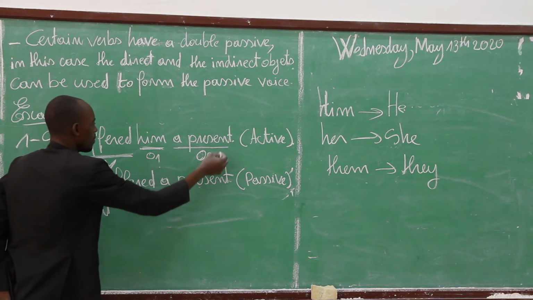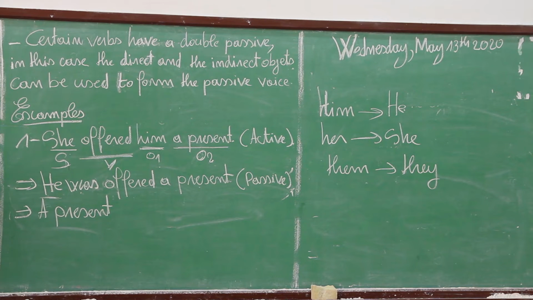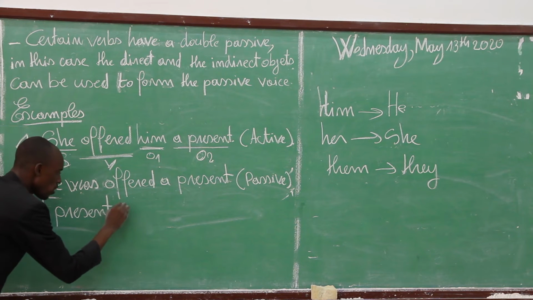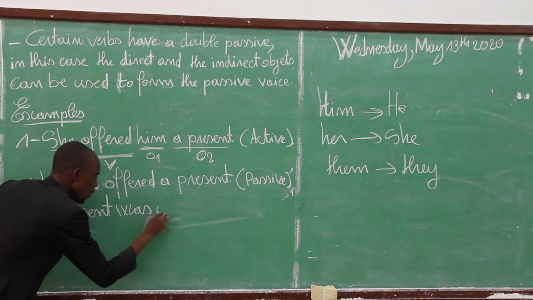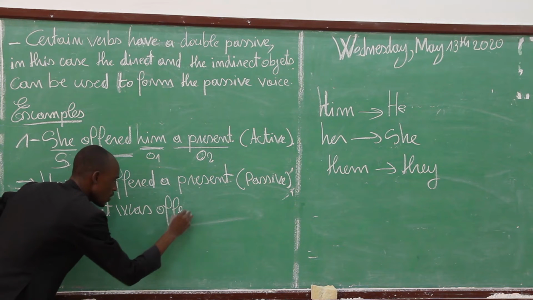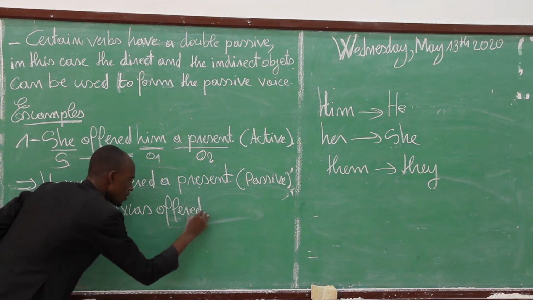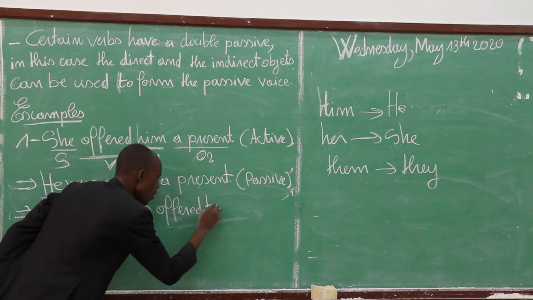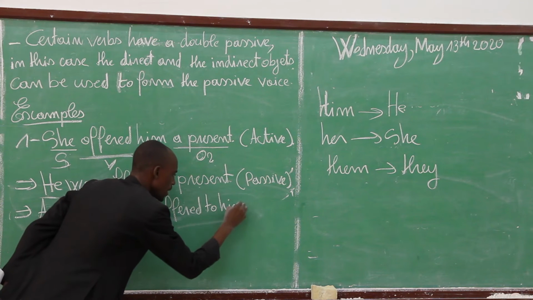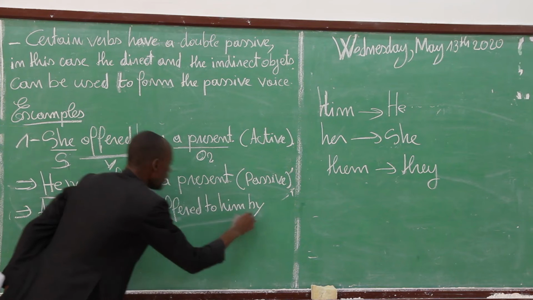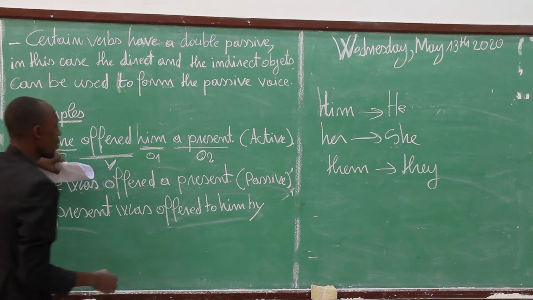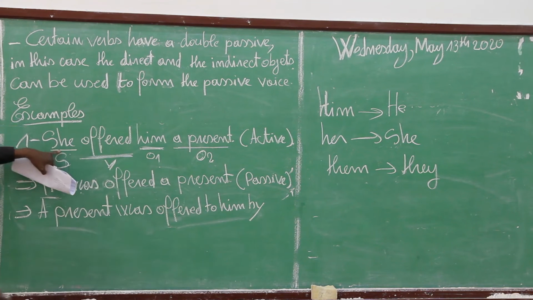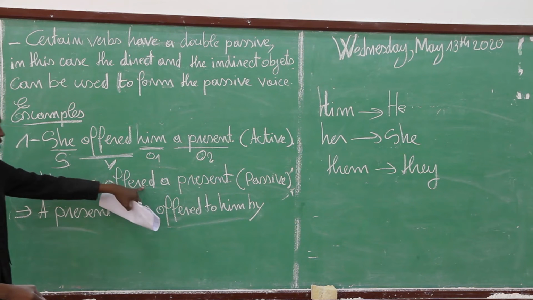This is the object. A present was offered to him by her.